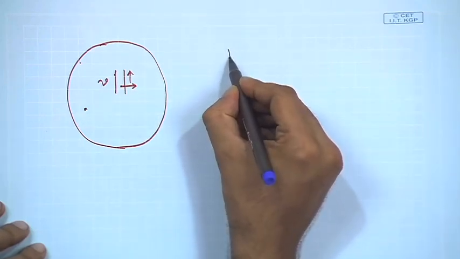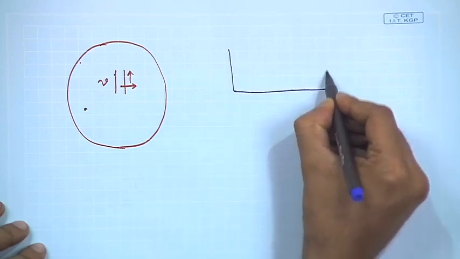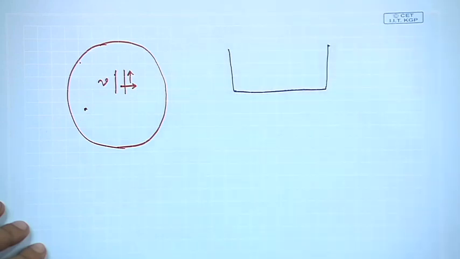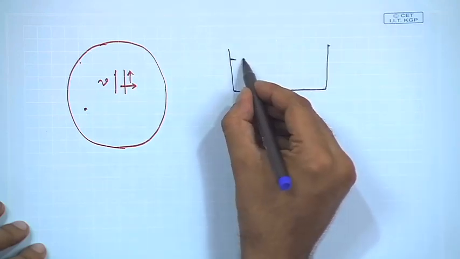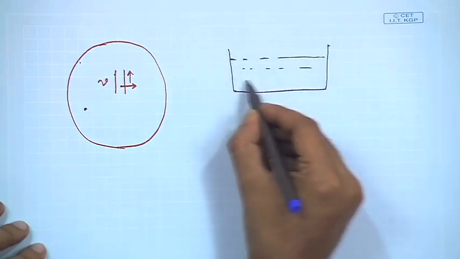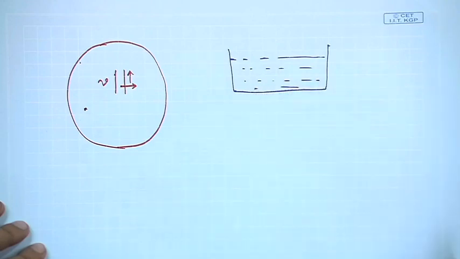Now, due to this, if I draw the cross section of the river, how does it look? Let us say this is my river bed. Now, if this is the water level we have, if there is no Coriolis force, this would have been the water level.